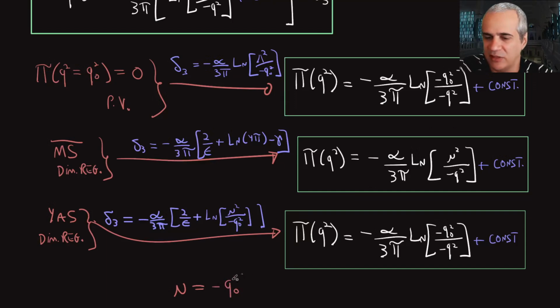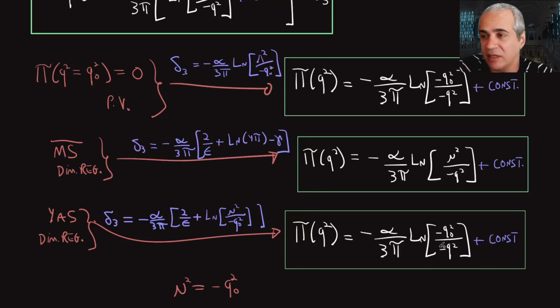This minus is just because I want to be always in the Euclidean part, to avoid branch cuts and whatnot. So I'm taking mu squared to be positive and q naught squared to be negative. That's the minus. But other than that, I'm just reinterpreting mu as the subtraction point, which is now the same as the reference scale, right?